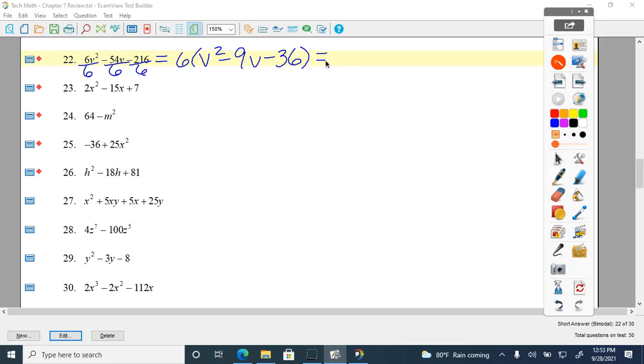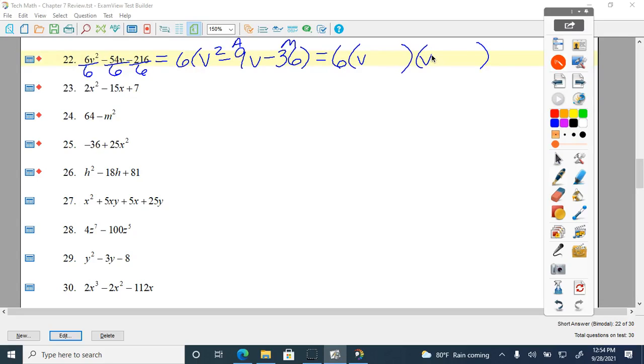So one of them is going to have to be negative. So you have negative 4 and positive 9. What do they add up to? But they have to add up to be negative 9. That's what I'm saying. We need two numbers that multiply to be negative 36 and add up to be negative 9. There are two numbers that do it.